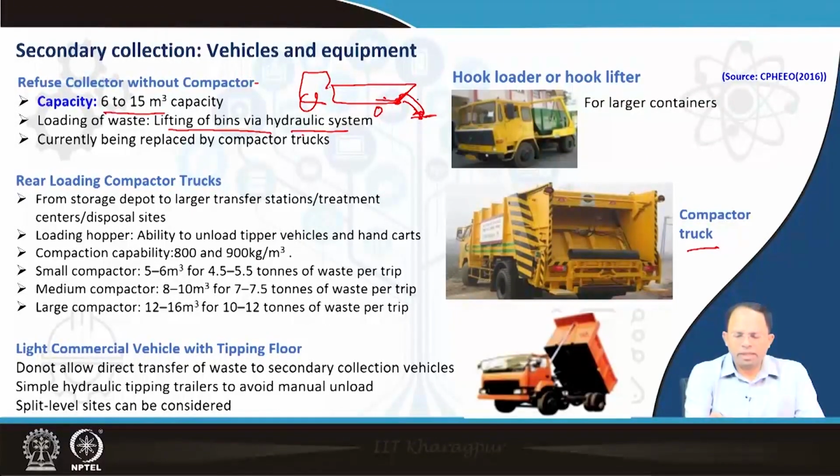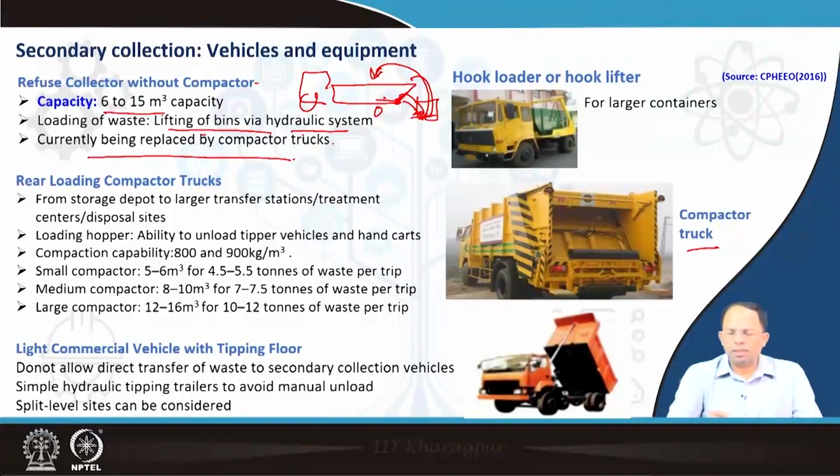You fit the container over there, it lifts, puts the garbage inside, and again places it back. This kind of vehicles are now being replaced by compactor trucks, and lifting is done via hydraulic system.